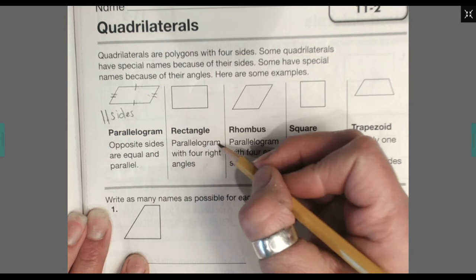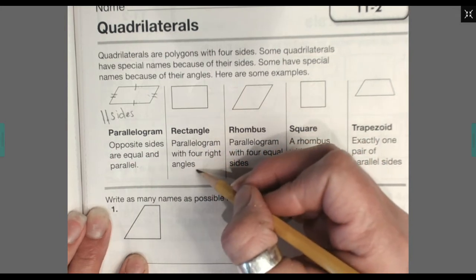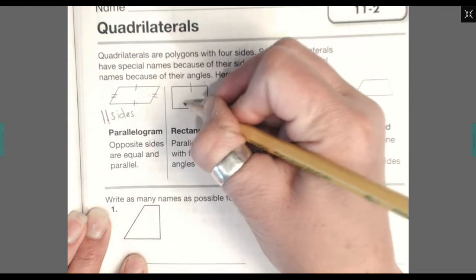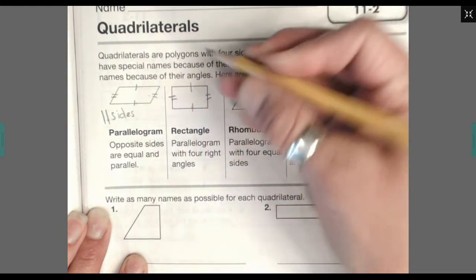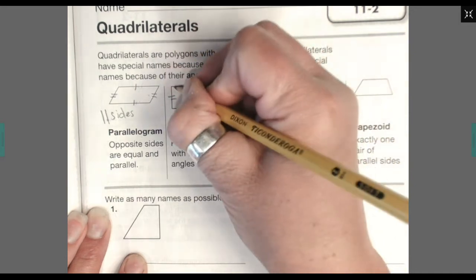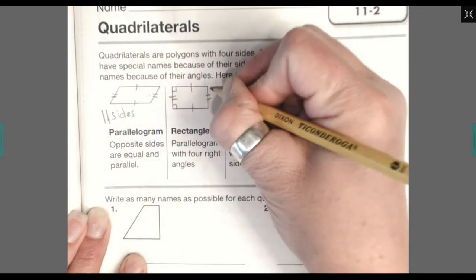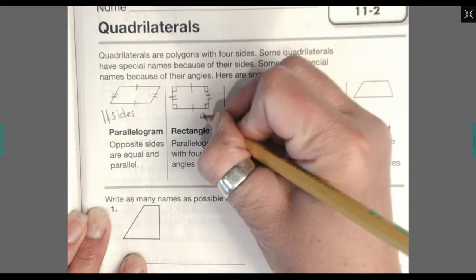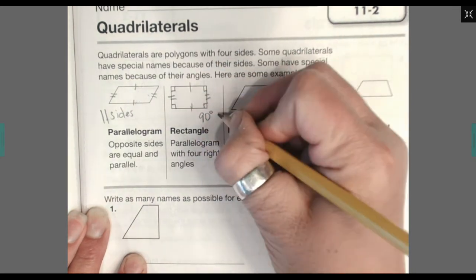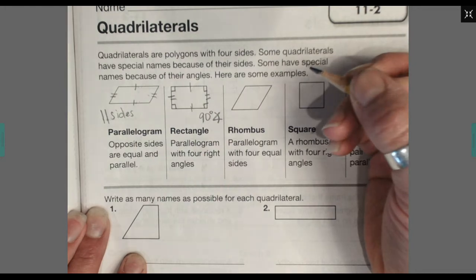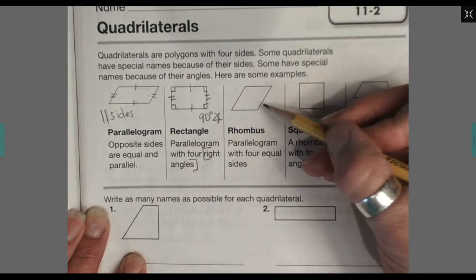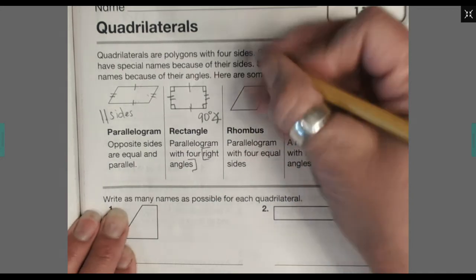Rectangle is a parallelogram with 4 right angles. So a parallelogram has two sets of parallel sides, but it also has right angles. Right angles are like the corner of your paper. They are 90 degrees. It's called a right angle. A rhombus is a parallelogram with 4 equal sides.